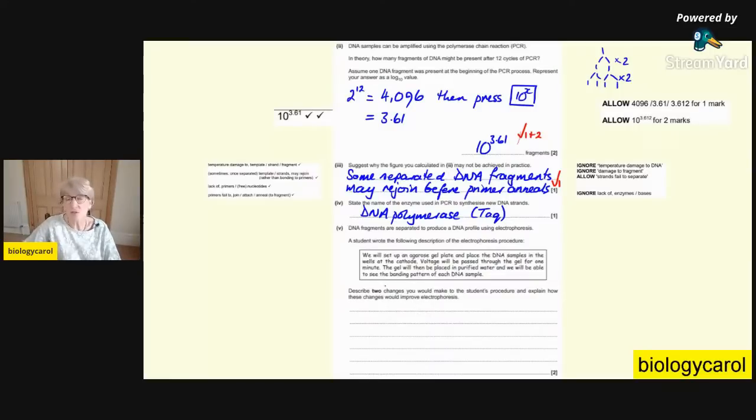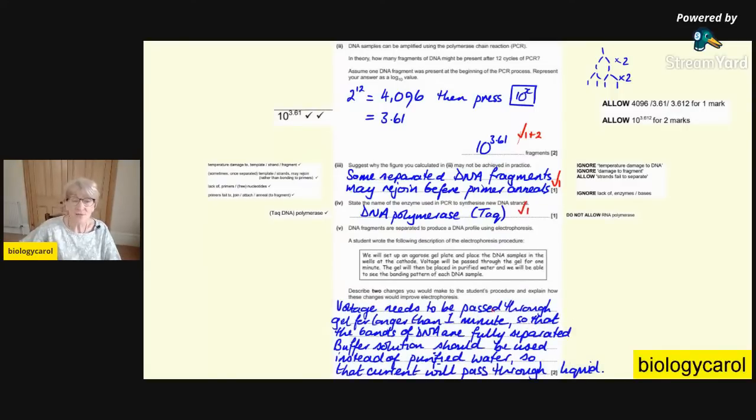So two changes: the time was too short because it wouldn't allow for the full separation of all those DNA fragments, and buffer would be used instead of purified water because buffer has got ions in it, and therefore it can carry the electric current. Purified water certainly won't. Those two to me were the most obvious ones.